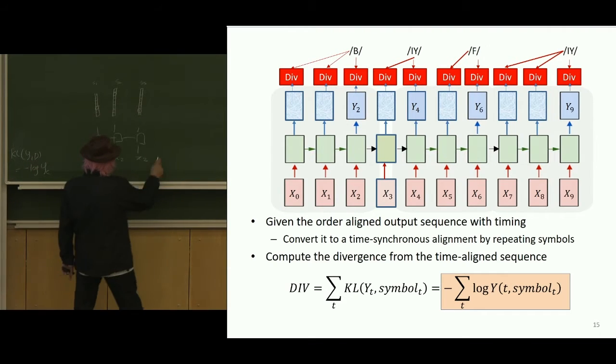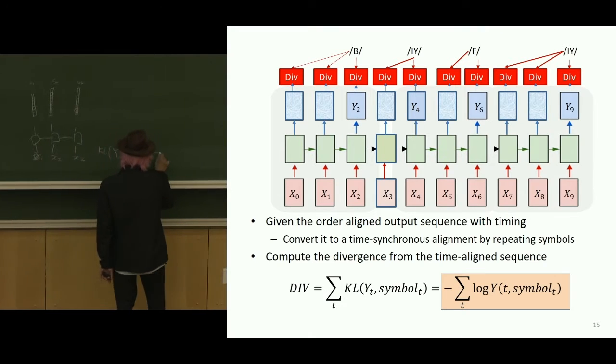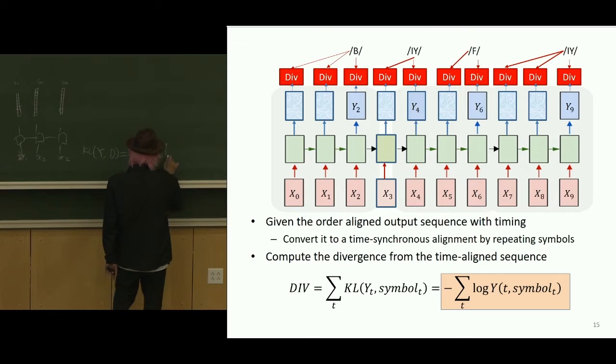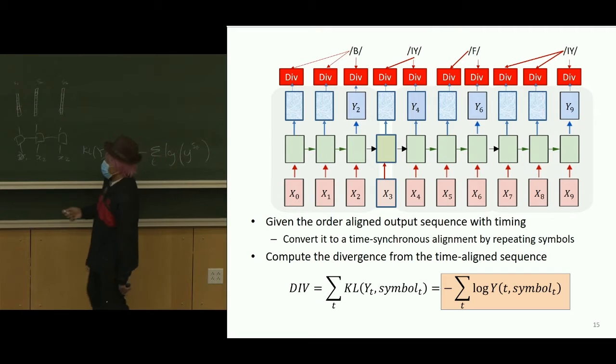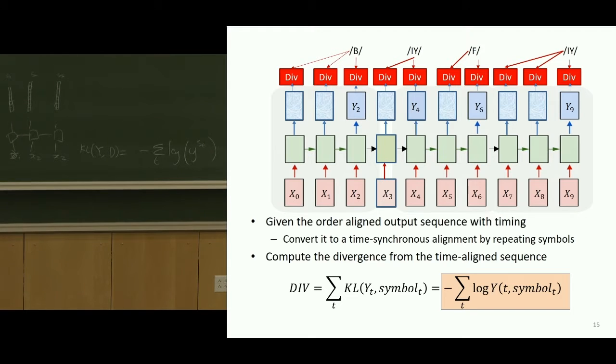So the overall KL divergence between the output sequence and the target sequence is going to be minus summation over t of log of the probability assigned to the tth symbol. Everybody clear about this? It's making sense, right? And so keep this in mind. We're going to use this particular equation quite a lot.